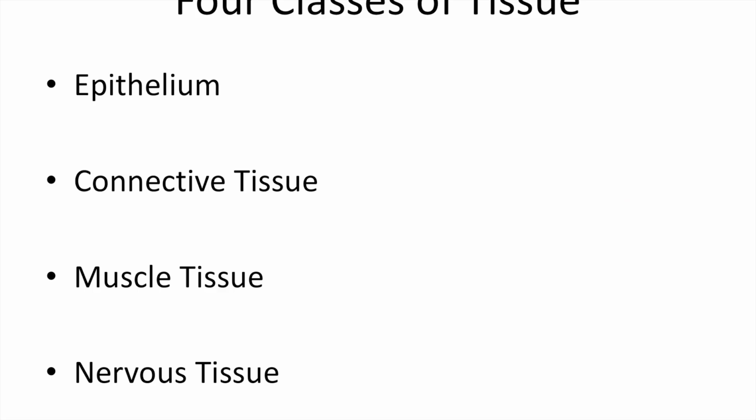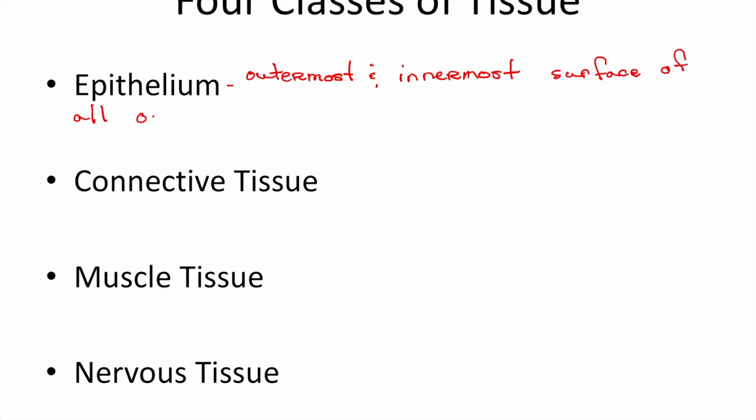So we have 4 classes of tissues that make up the human body. On the outermost surface, and the innermost surface of all of our organs, we have epithelium.